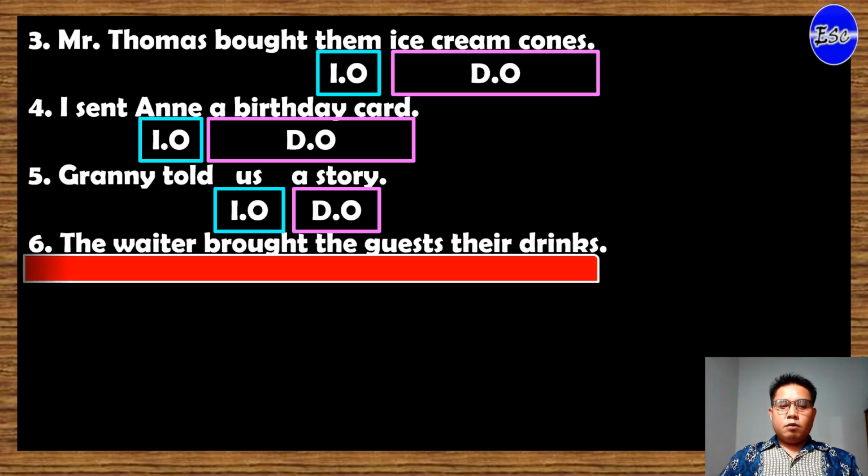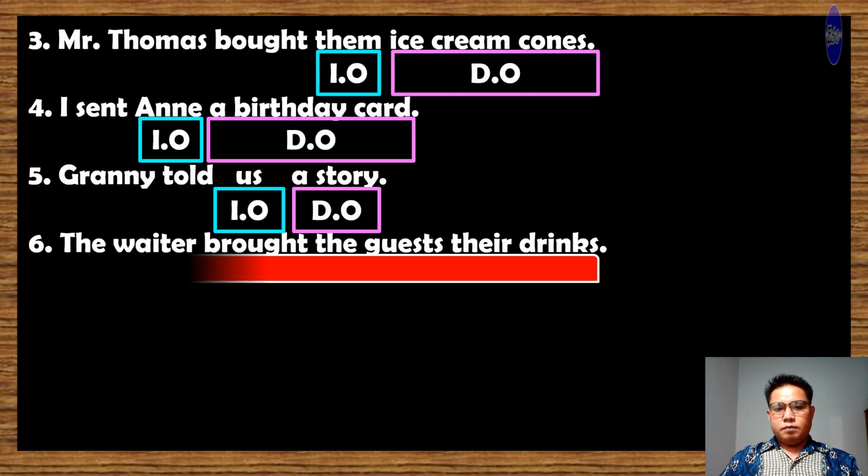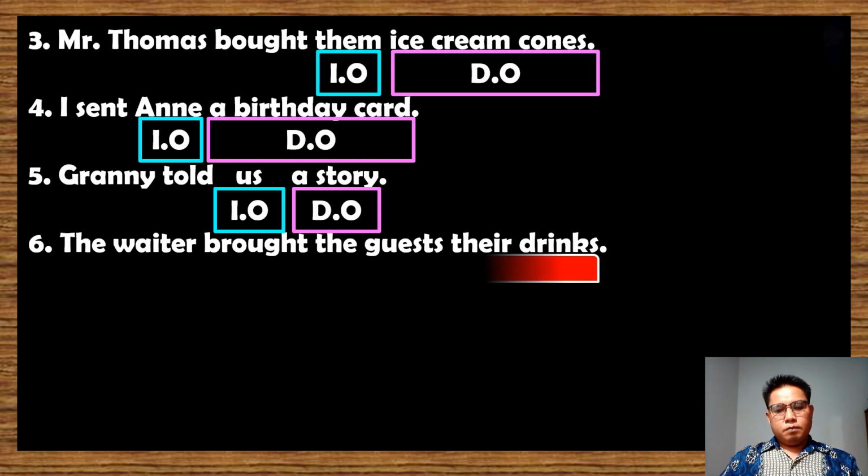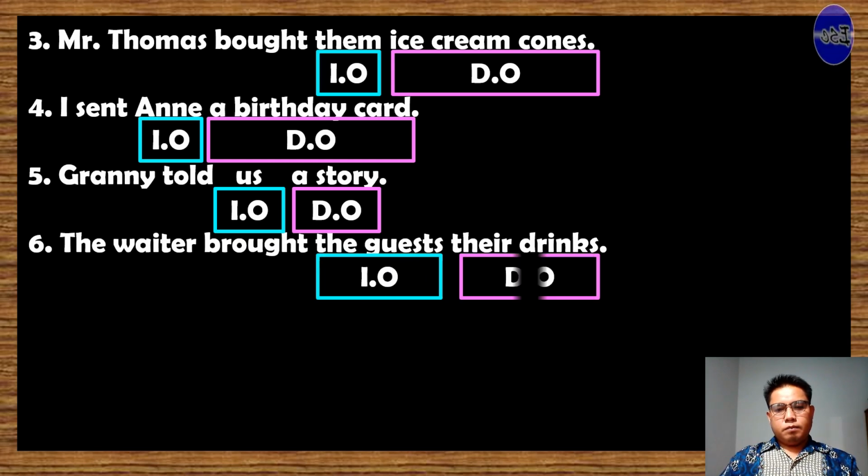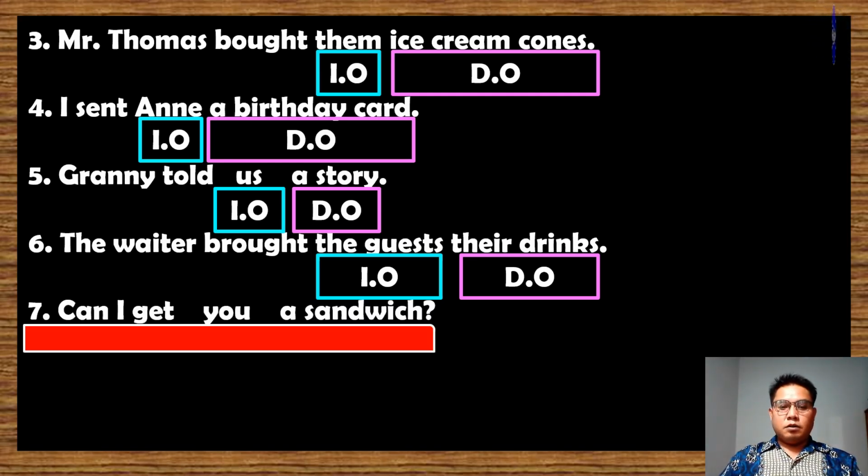6. The waiter brought the guests their drinks. Okay, that is the answer. The drinks is the direct object. The guests is the indirect object. Can I get you a sandwich?